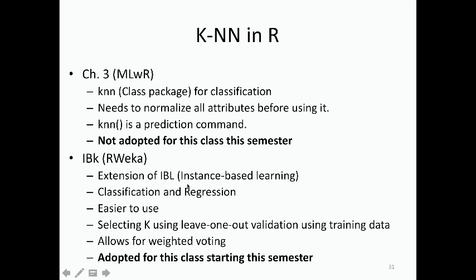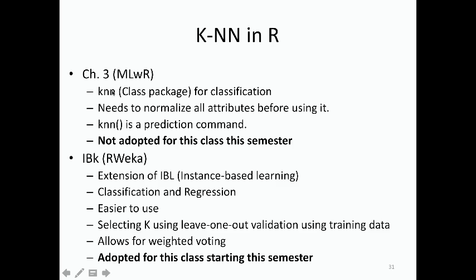I have already talked about this: based on my experience last semester, I do not want the class to spend time this semester writing code to normalize attributes, and also to learn the difference with the function called knn from the class package in chapter 3, which is different.